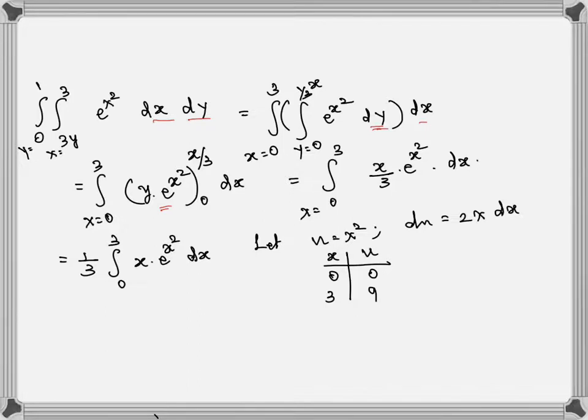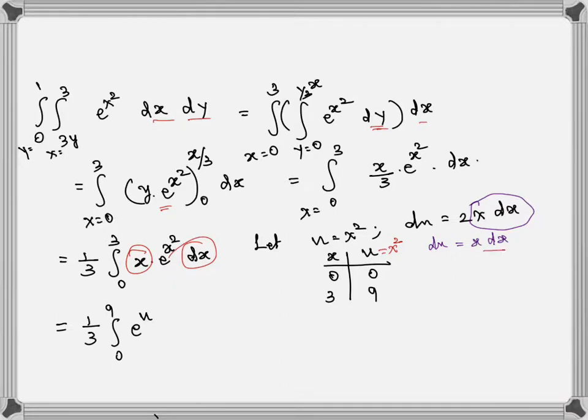When x equal to 3, u equals 9, because u is equal to x squared. Plugging in, we get 1/3 times the integral from 0 through 9 of e to the u, with x dx equal to du over 2.